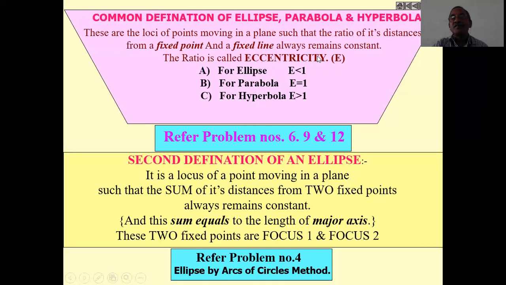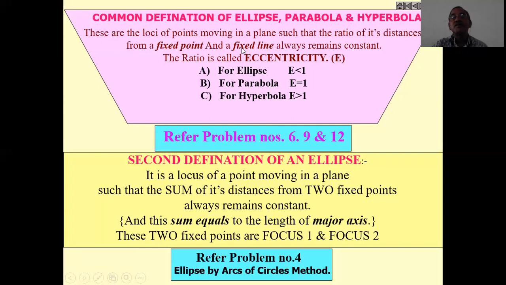If the eccentricity value is less than 1, then we'll get an ellipse, when we connect all the positions of the moving point. If E equals 1, we'll definitely get a parabola only. If E is greater than 1, then we'll get a hyperbola. These things are to be kept in mind.